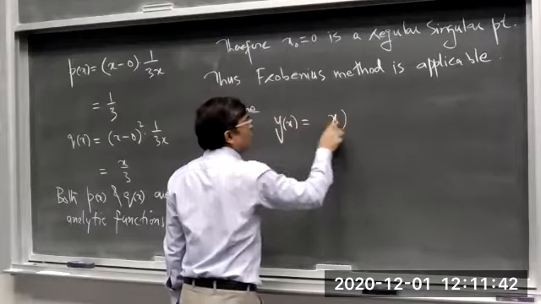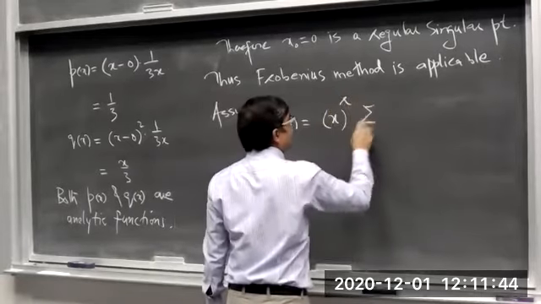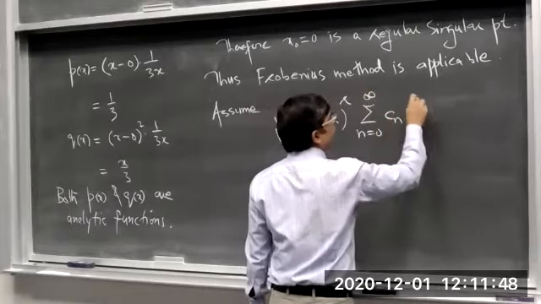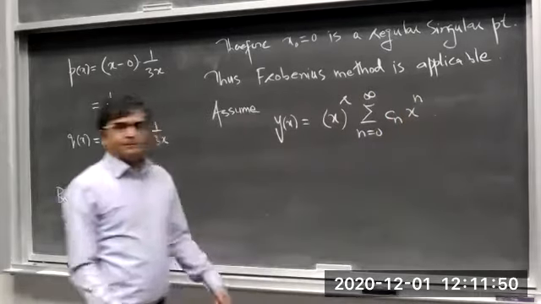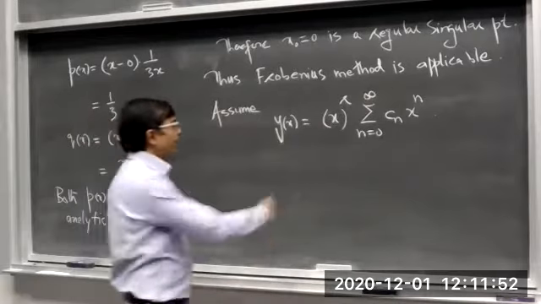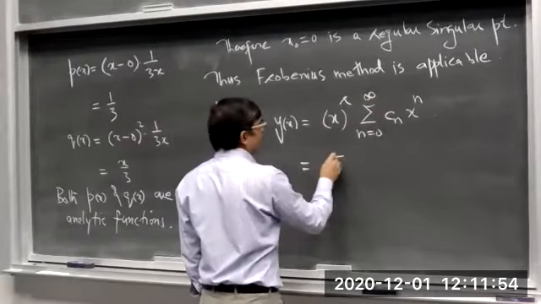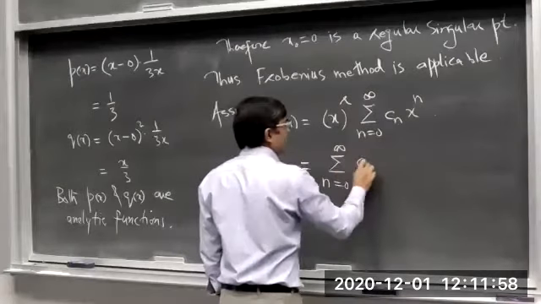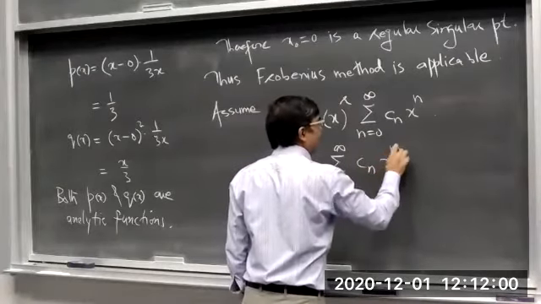x minus 0 whole power r, summation n from 0 to infinity, cn (x minus 0) power n. So it is x^n. In fact, in order to take the derivative, we have to combine it: cn x power n plus r.